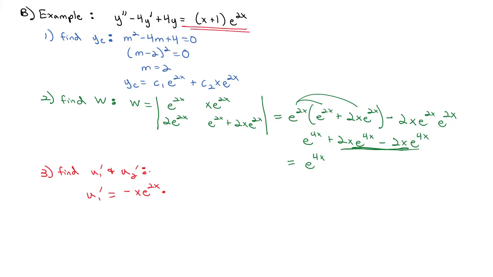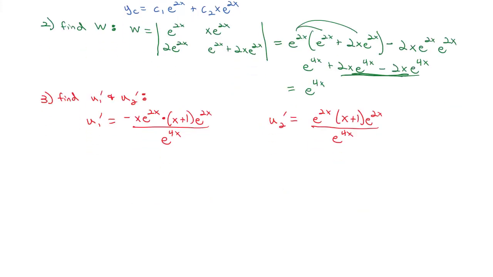Well, the function is x plus 1 e to the 2x divided by my Wronskian of e to the 4x. And u2 prime is equal to the first solution, e to the 2x, times the function, x plus 1 e to the 2x, divided by the Wronskian, e to the 4x.